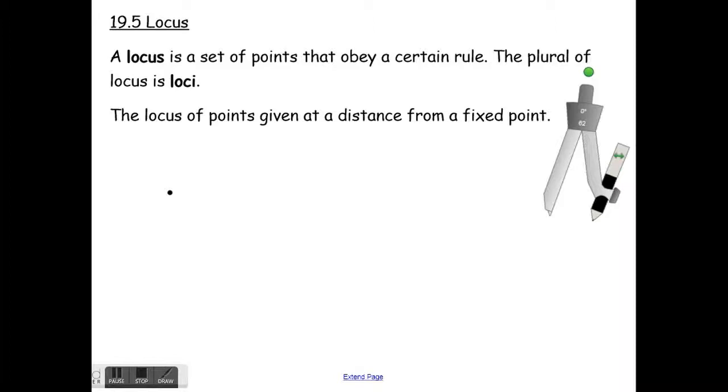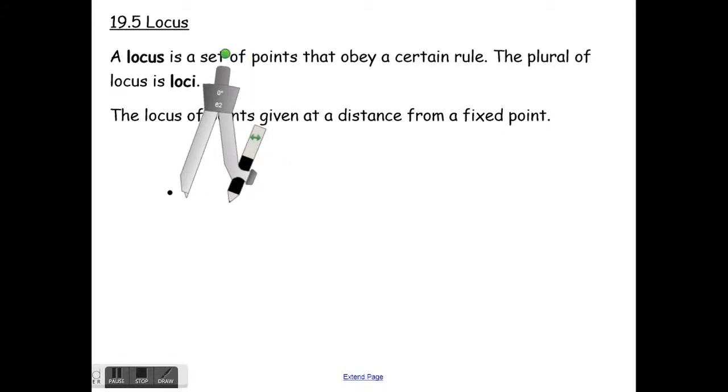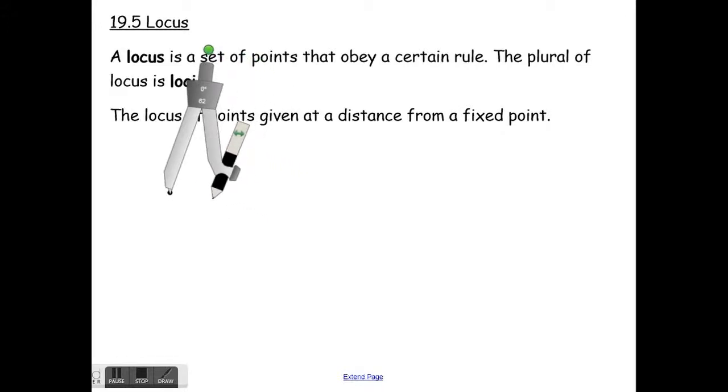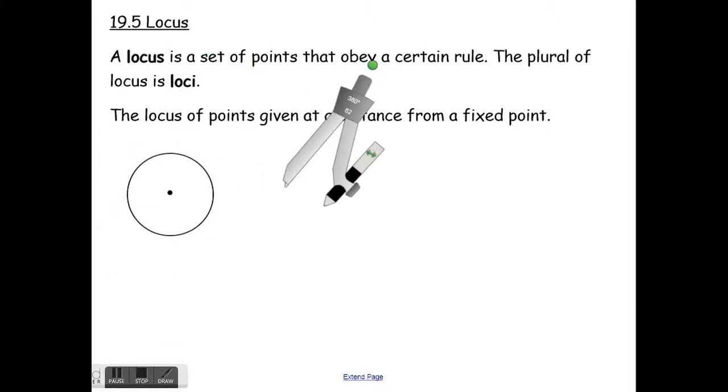So this one, for example, we have the locus of points at a given distance from a fixed point. So that point there is my fixed point, and I'm going to use my handy dandy compass here, and that circle would be the locus of points.